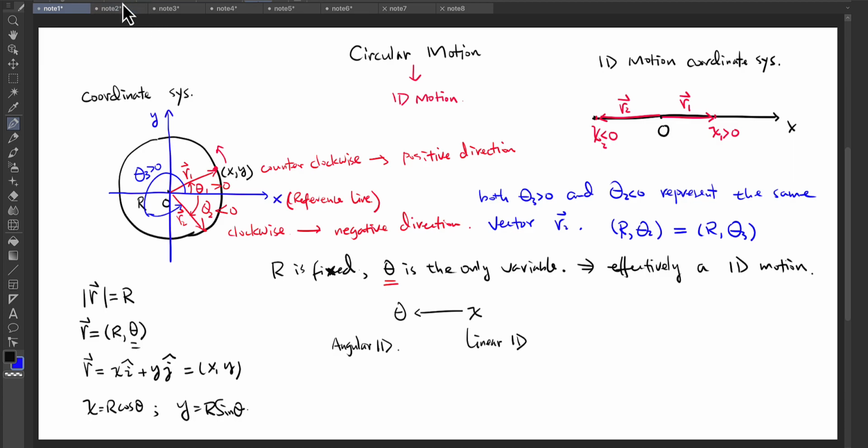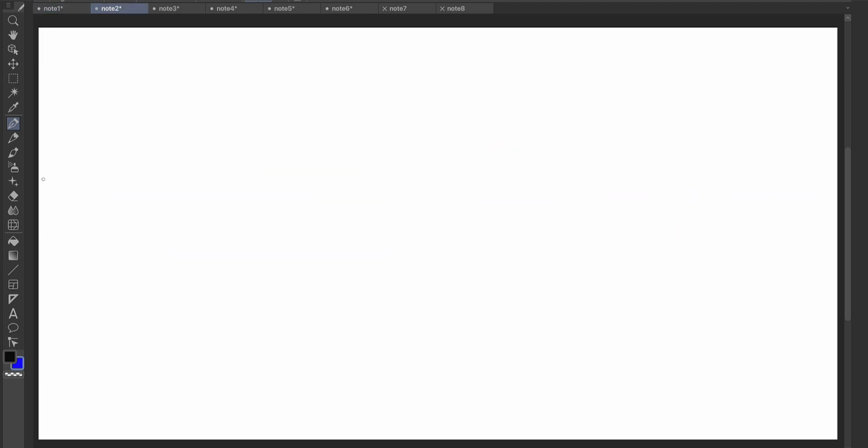And then after that, we will just focus on the kinematics first, and then we'll talk about the circular motion later on. Okay, so angular kinematics. So we start off with the angular position theta.